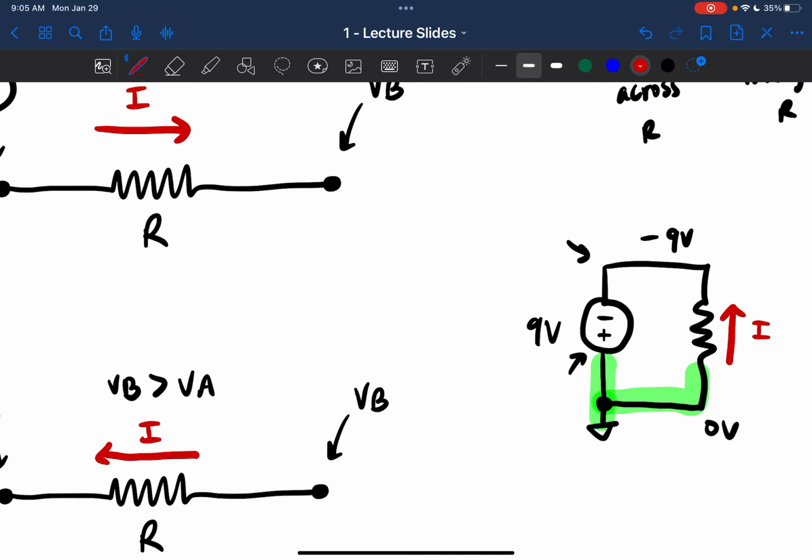One final concept here, I think this video has gotten a little bit long, but the last thing is that the current is going to flow all the way through the circuit in the same direction in a circuitous path. My current flows throughout the entire loop of the circuit. I typically just draw it as an arrow across one element, because eventually the concept of the current flowing through the entire circuit is so clear to everybody that there's no need to draw a loop, but you will see this sometimes.